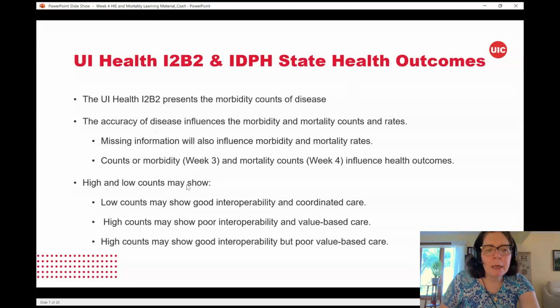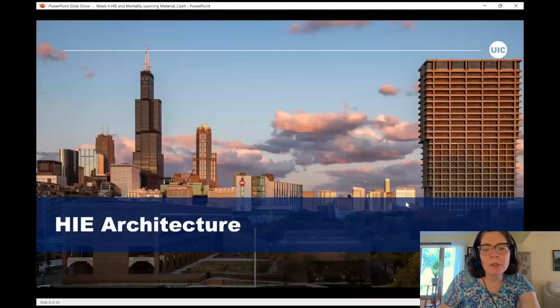If it's a high or low count, what do the low counts show? Low counts may show good interoperability and good coordinated care, whereas high counts may show poor interoperability and poor value-based care, or it could just show one of each to be bad. It is going to be up to you to determine what aspects of that are to be considered.